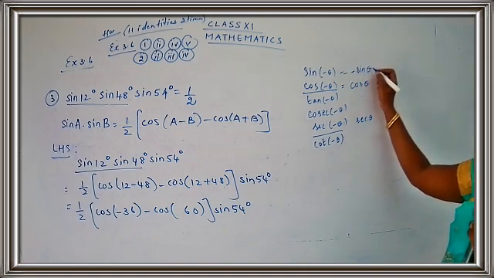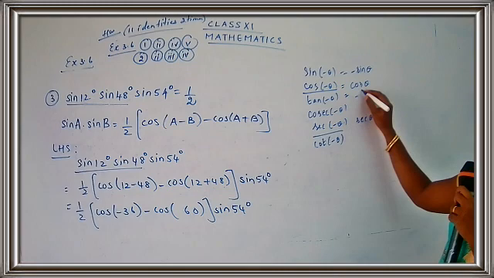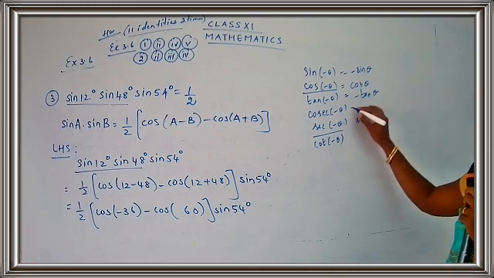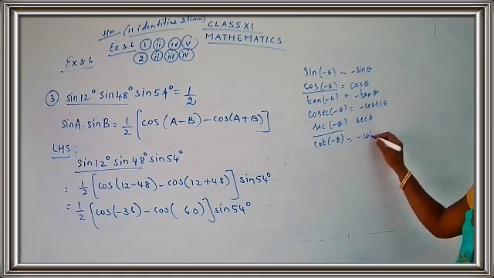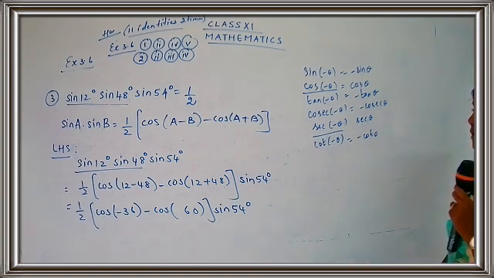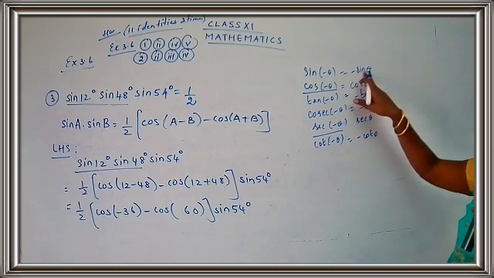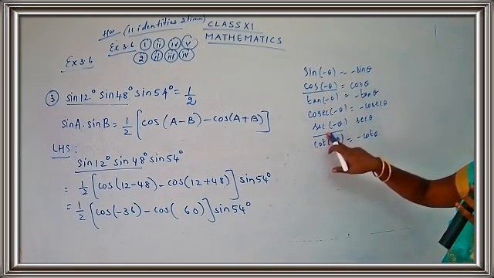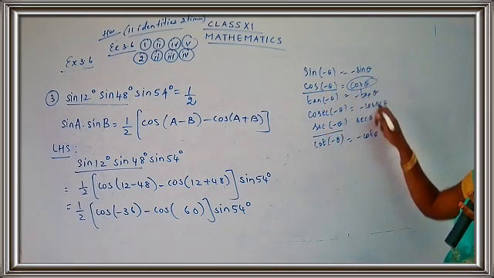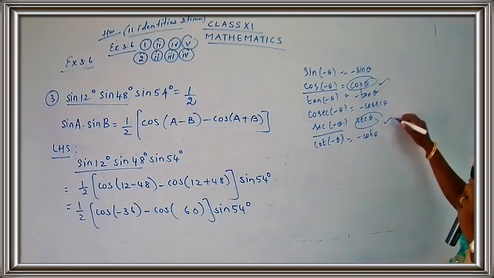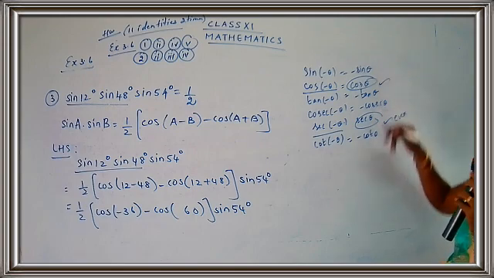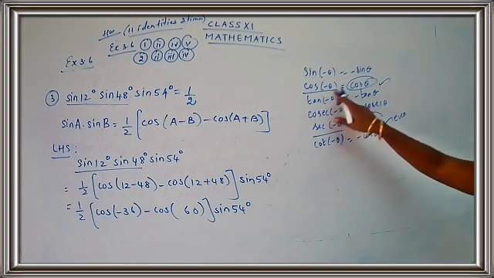So sine of minus theta is minus sin theta, tan of minus theta is minus tan theta, cosec of minus theta is minus cosec theta, and cot of minus theta is minus cot theta. Okay, children, this is the formula that we have already written in our classwork. Cos and sec of minus theta turn to positive. So they are the even functions and the remaining are odd functions. So cos of minus theta is cos theta.